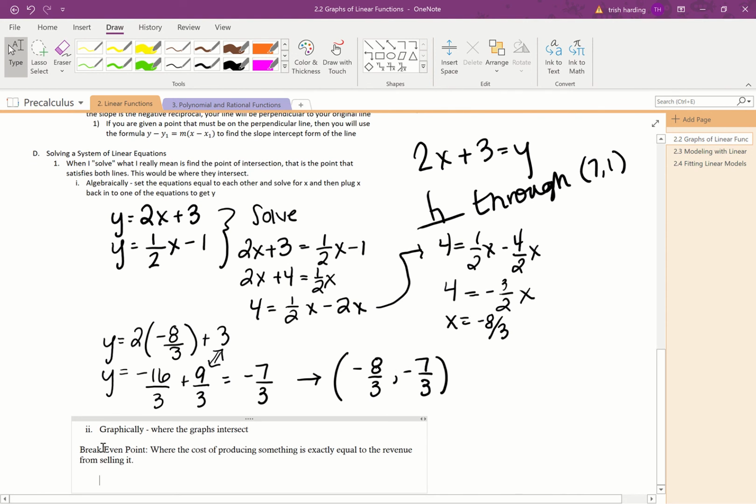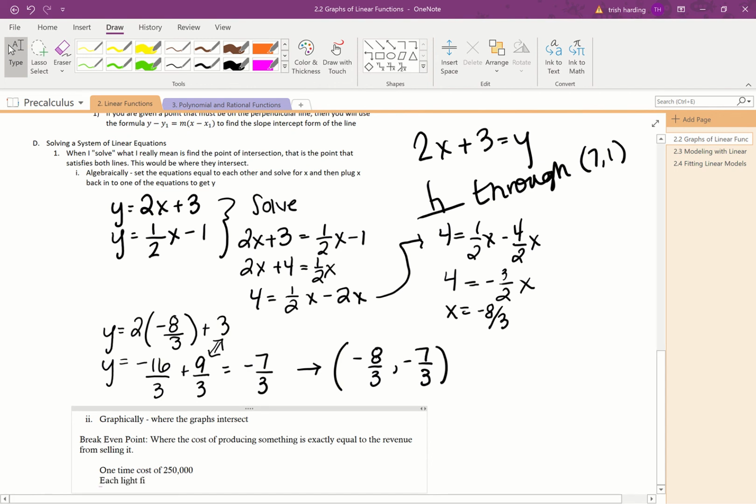So here I'm going to have a particular example. I believe this example is also in the book. So let's say a company sells light fixtures. So the company incurs a one-time cost of $250,000.